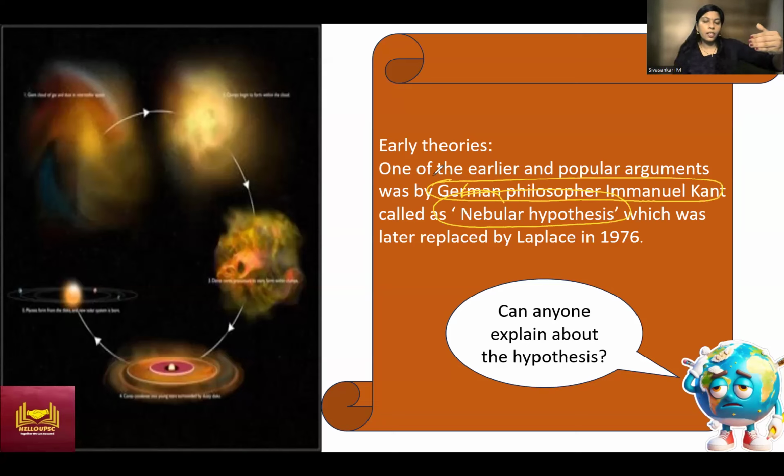So this theory was first proposed by Immanuel Kant, and then it was slightly altered, some new additions were brought in. First, it was replaced by Laplace in 1796.